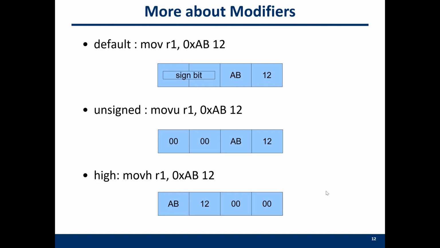But if you use move U, then you treat it as an unsigned number, although the most significant bit is 1. And if you use move H, then it moves the high end.